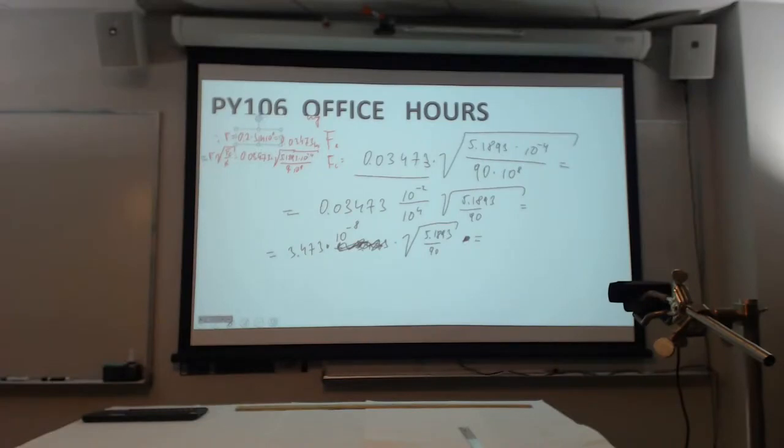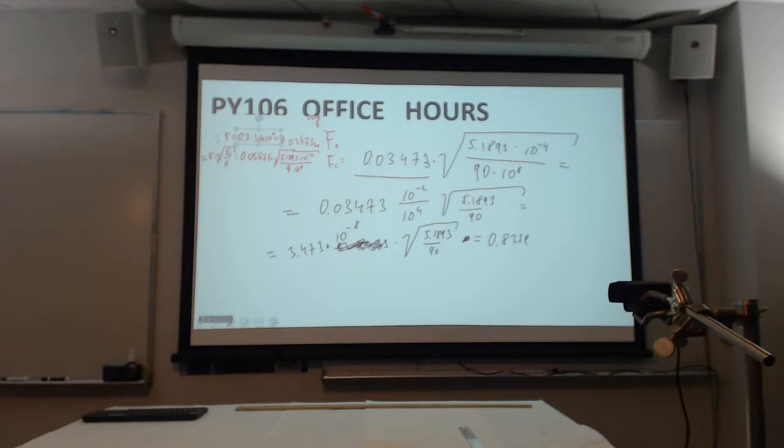Well, let's check it again. So square root of 5.1893 divided by 19 times 3.473. Oh, I got a different number: 0.8339. One more time.